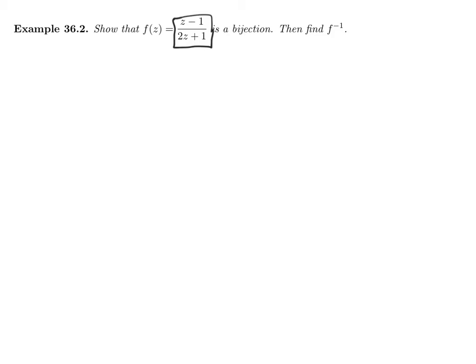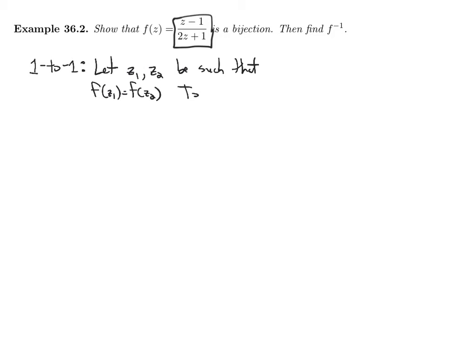Okay, now that we're back, let's do one-to-one first. We're going to let z1 and z2 be such that f of z1 equals f of z2, and we want to show that z1 equals z2.